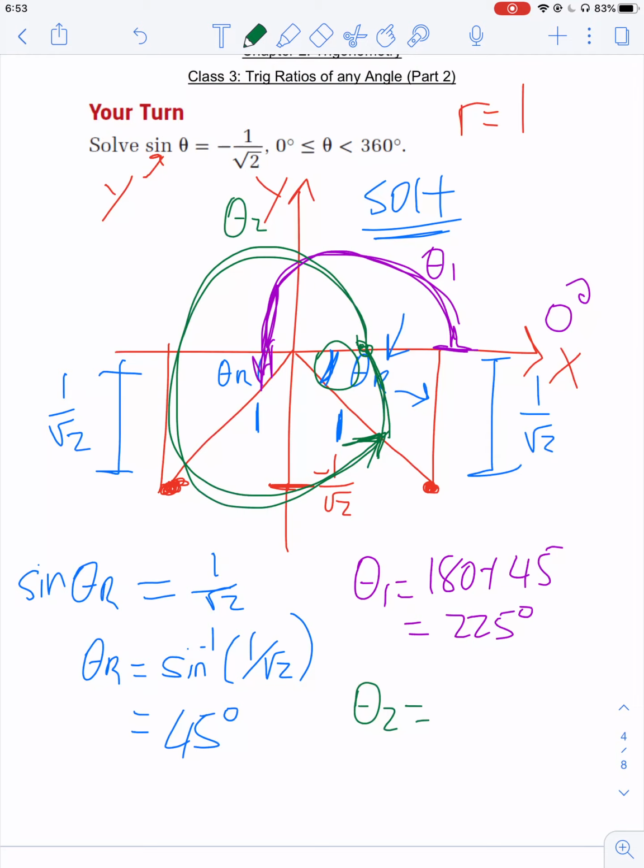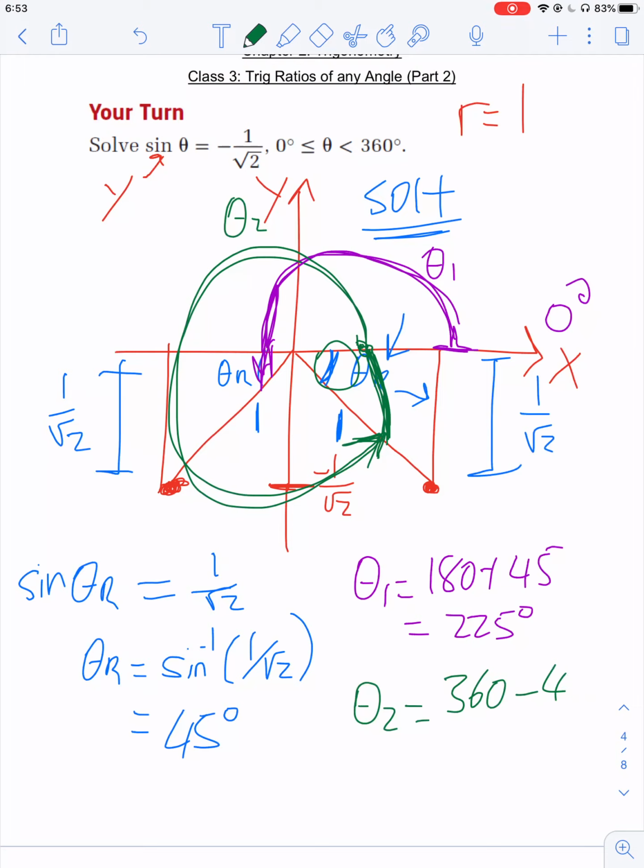So I have to remove this piece, okay? So if I do the full circle, then I'm at 360, but I don't want to do the full circle. I don't want to do a full circle because I'm going to have to remove this piece. So theta 2 will actually be 360, the full circle, minus my reference angle, which is 45, okay?